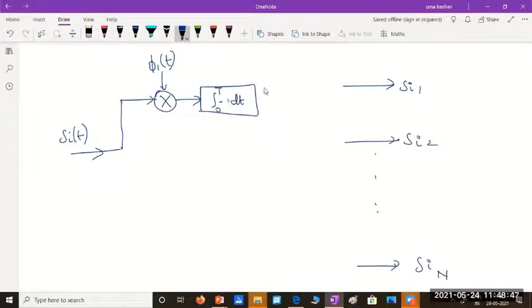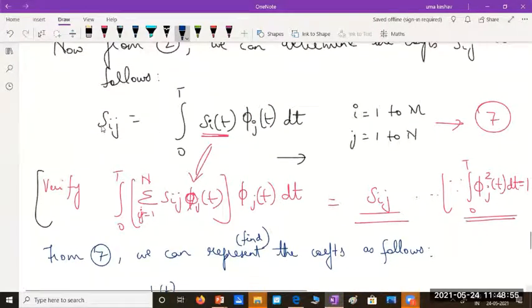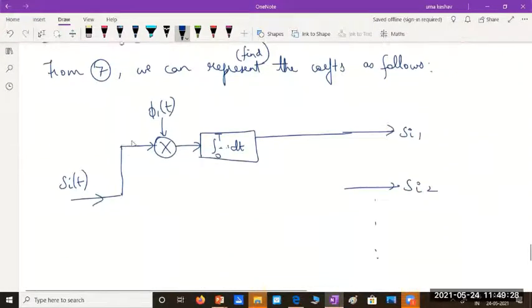The product should be integrated and that value will be Si1. Please understand from this equation 7, if I am interested in finding Si1, that means the j value is 1. Wherever you have j, you should put 1. So Si1 would be integral 0 to T Si of t into phi 1 of t dt. Yes or no? So multiply Si of t with phi 1 and then integrate it between 0 to T, and whatever you get, that is your coefficient Si1.